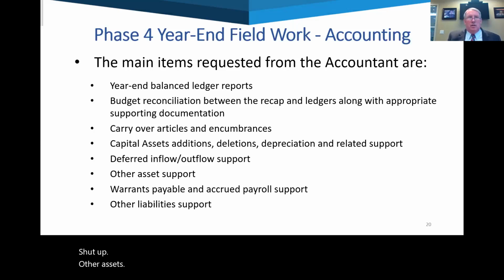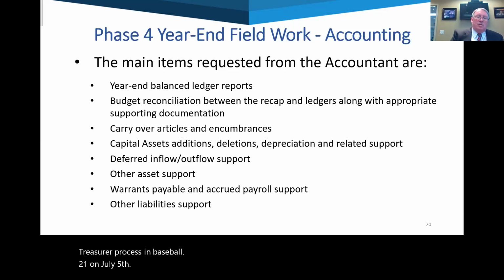Now, the timing of warrants and how it's produced, and we also ask as part of that for cutoff procedures, meaning that a lot of times the warrants that the treasurer processes and pays, for the last warrant of, say, fiscal year 21, occurred on July 5th and July 12th.